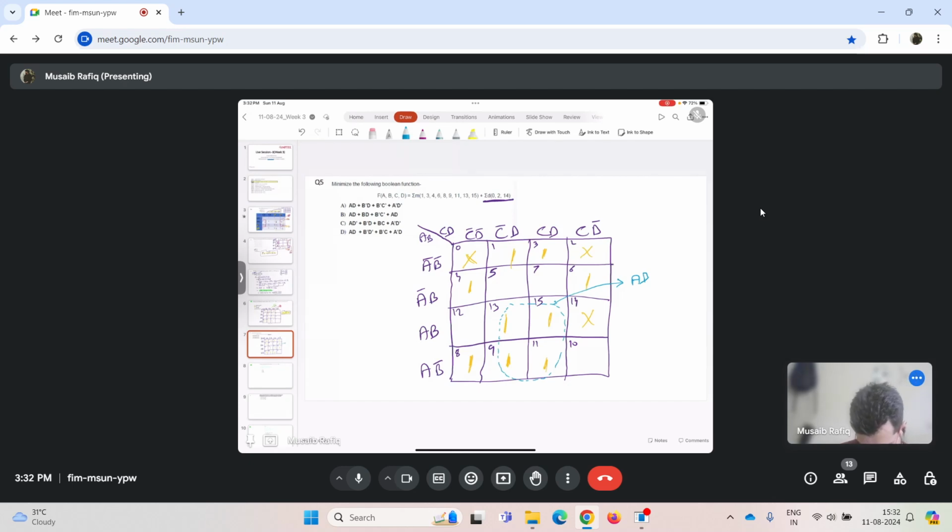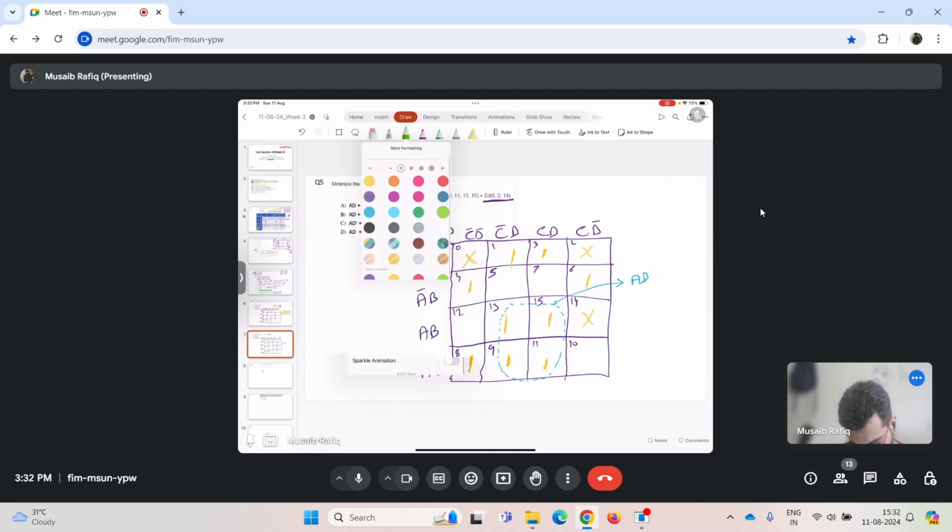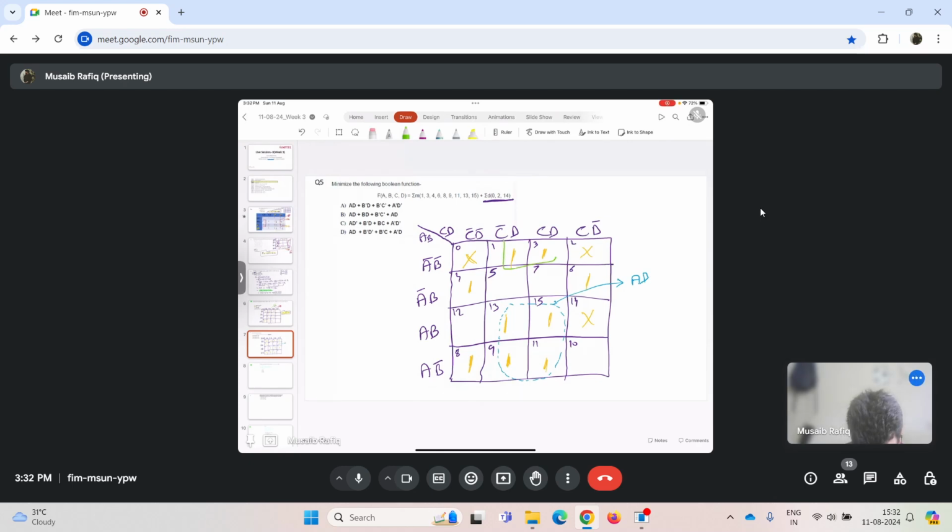Then we can have another chord covering minterms 1, 3 and 9, 11, and the contribution from this will be B bar, as B bar is not changing, B bar and D, B bar D.